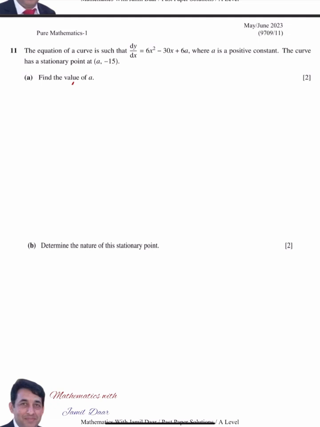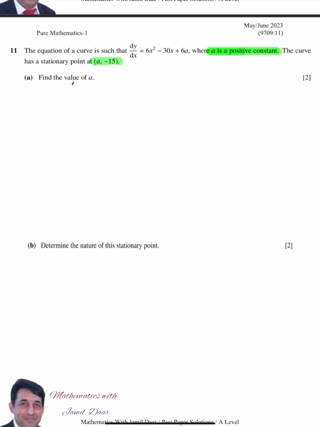Okay, in question number 11, the equation of the curve is such that dy over dx is equal to this one, where a is a positive constant. So you have to keep in mind that a is a positive constant. The curve has a stationary point.